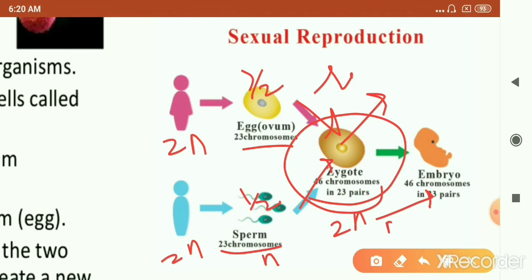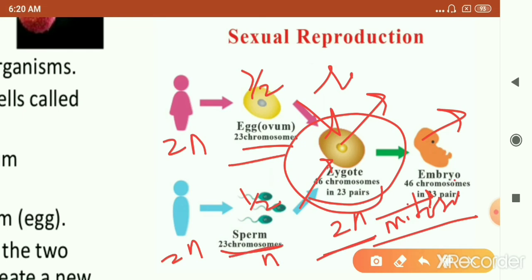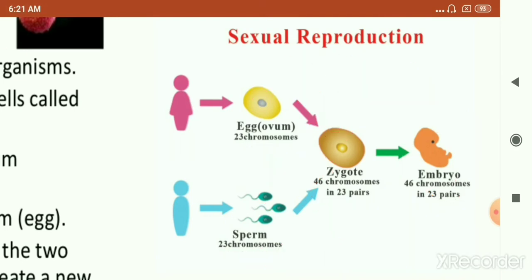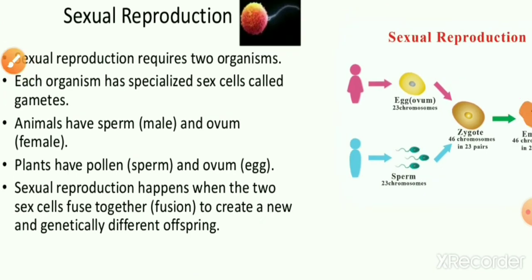So the zygote divides by mitosis, a huge number of cells is formed, and then differentiation occurs and a complete individual is formed. The zygote has two sets of chromosomes, whereas the gametes have only one set. In this way, the chromosomal number is maintained in sexually reproducing organisms.